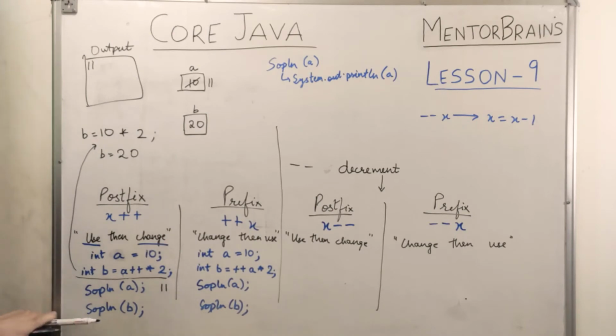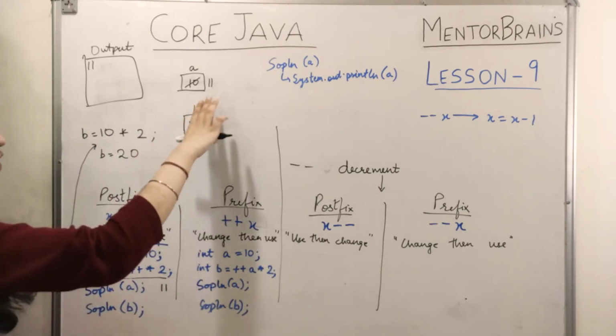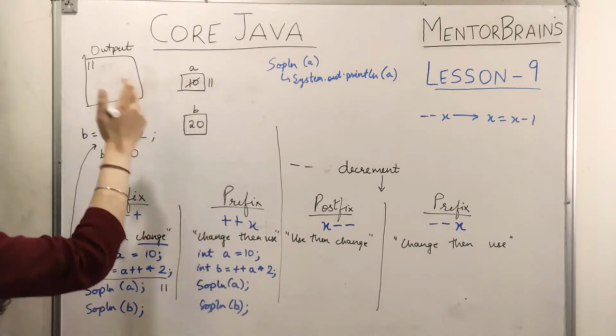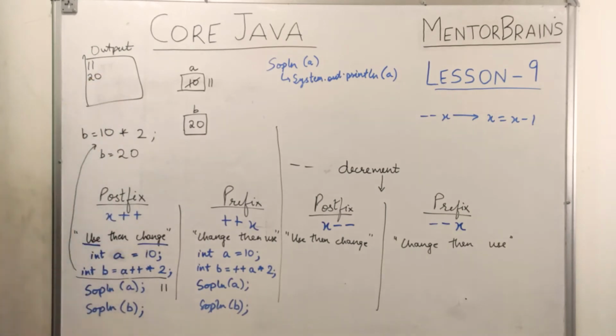After that, SOPLN b, printing b. The memory location of b holds the value 20, so 20 will be printed on the screen. So this is my output, and I hope that is clear to you.